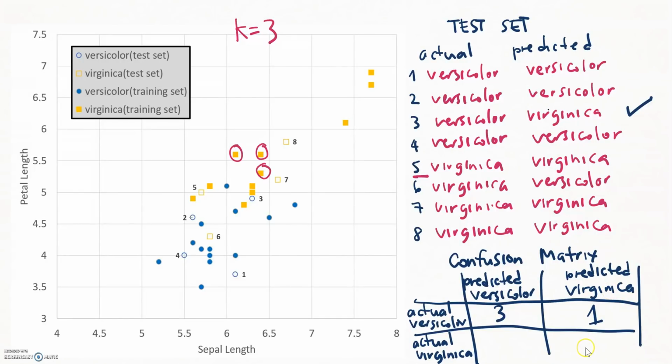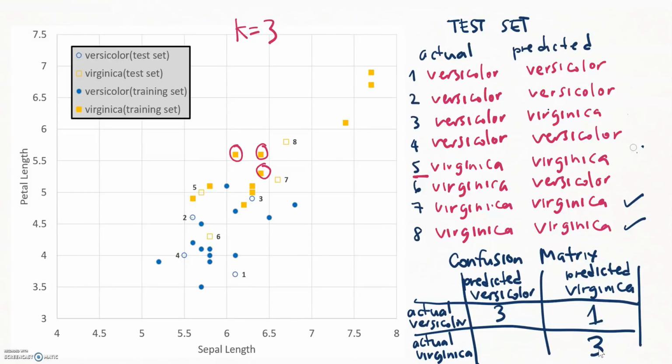Next, in this cell, we are summarizing how many records of type virginica have been predicted correctly to be virginica as well. Erasing this tick, we see that records 5, 7, and 8 have been predicted correctly. So again, we will fill in this cell here.